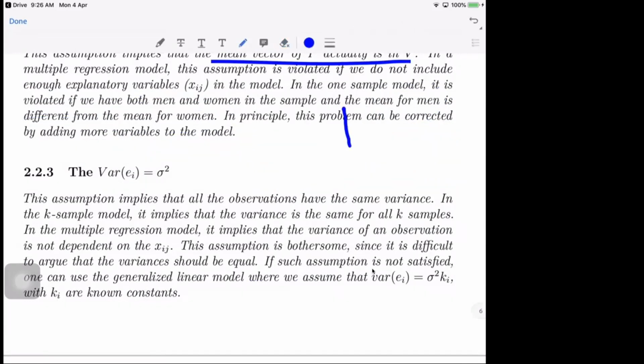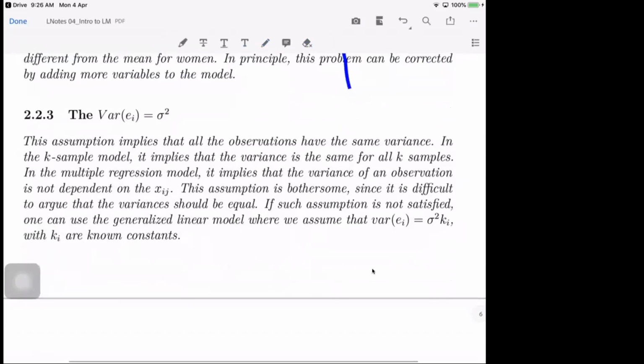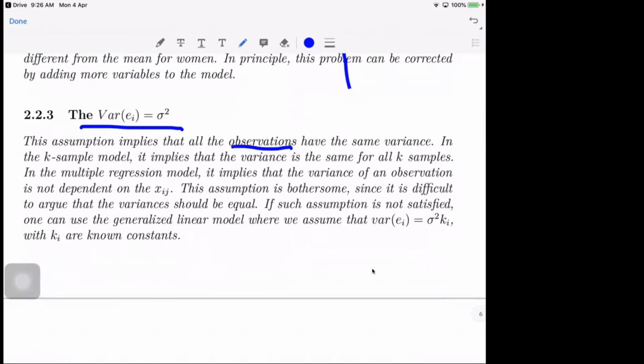And constancy of variance or homoscedasticity of Y's. So this assumption implies that all observations have the same variance. In the K-sample model, it implies that the variance is the same for all K samples. Or in a multiple regression model, it implies that the variance of an observation is not dependent on the Xi.